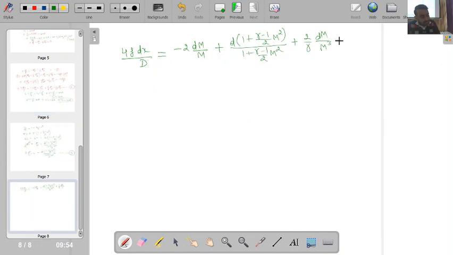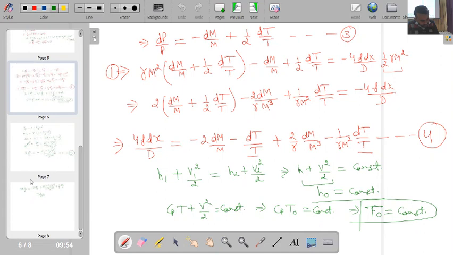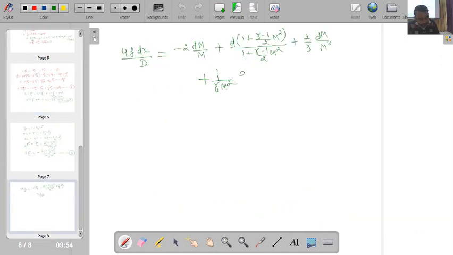So I will get, let me write it in the next line, plus 1 by gamma M square into d of (1 + (gamma minus 1)/2 M square) divided by 1 + (gamma minus 1)/2 M square.